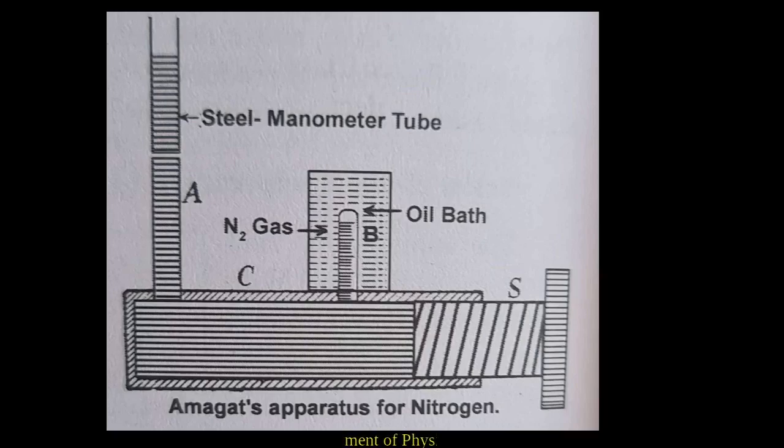It consists of a large cylinder of mercury C. The S is the screw plunger, which is inserted in it and produces a pressure up to 423 atmospheres.